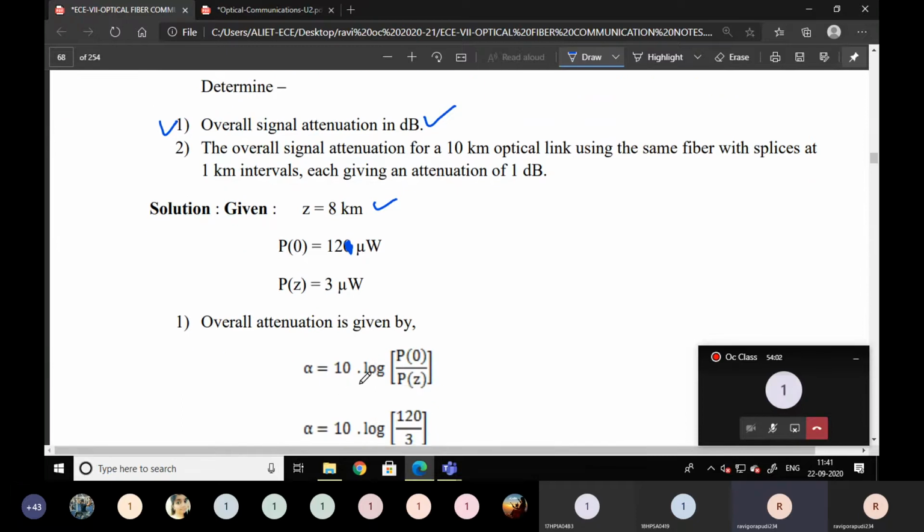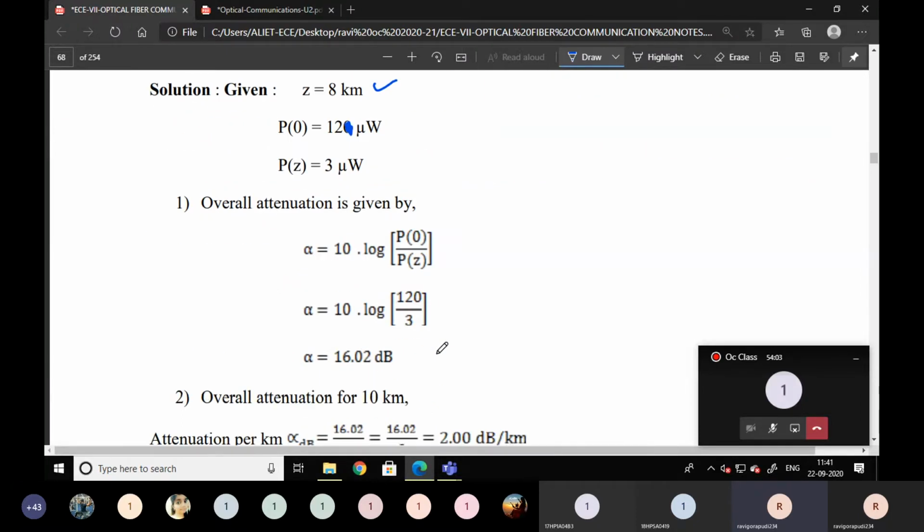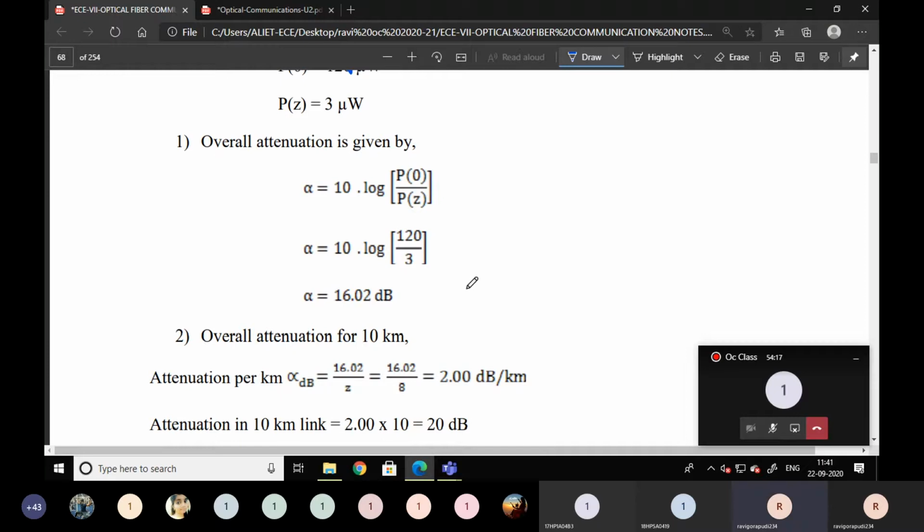That is, alpha is equal to 10 by Z log P of 0 by P of Z. Overall attenuation alpha is 10 log P of 0 by P of Z. First find out this one. What is this value?